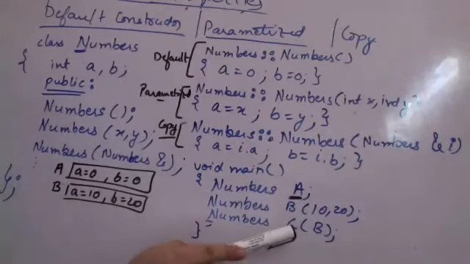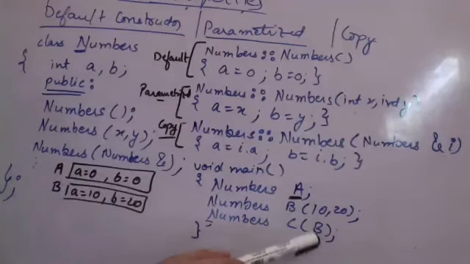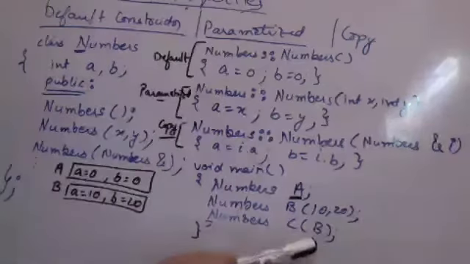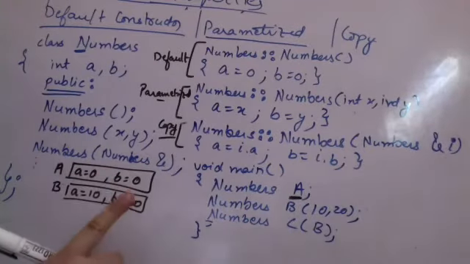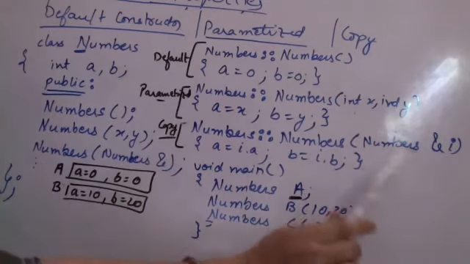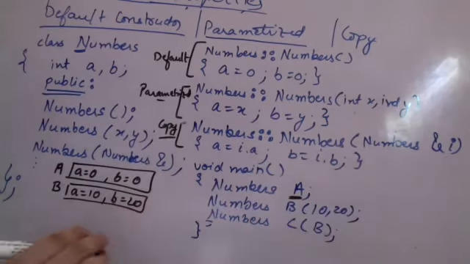Now when I am creating C, please see I am passing B as a parameter. B is an object of the same class. Within a constructor, I can never accept an argument as the object of the same class. I am again repeating, I cannot accept the object of the same class as parameter within a constructor.